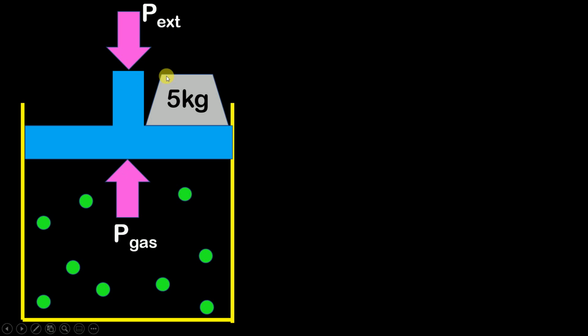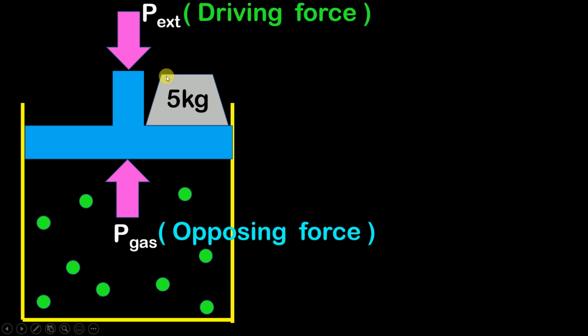Therefore, can I say that the external pressure is a driving force over here, and the pressure of the gas is the opposing force. Now guys, when you add the 5 kg mass, yes, your external pressure is going to increase, but it is going to increase by a large quantity.